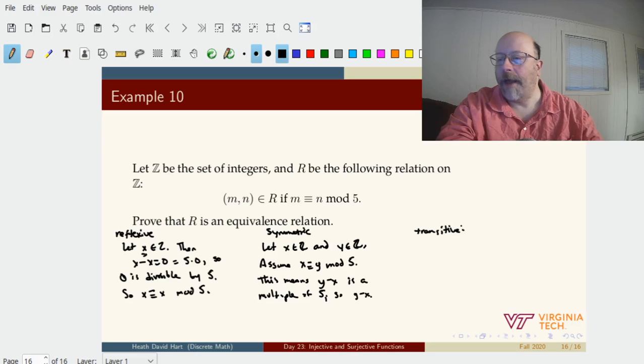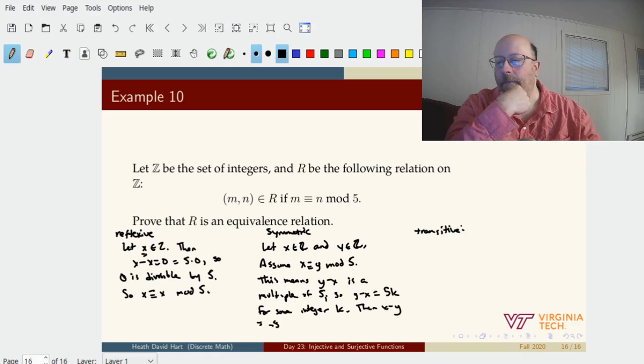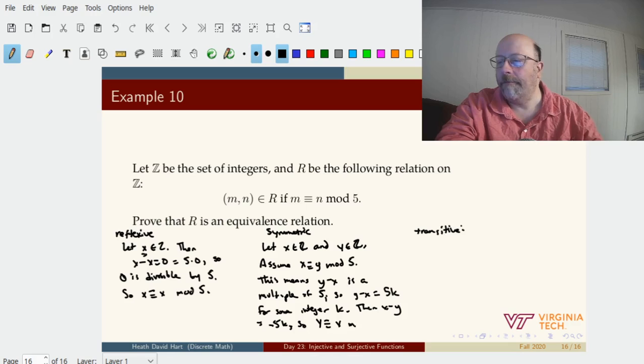So y minus x is equal to 5 times k for some integer k. Then x minus y is equal to negative 5k for exactly the same reason, okay? And so y relates to x mod 5. Okay?